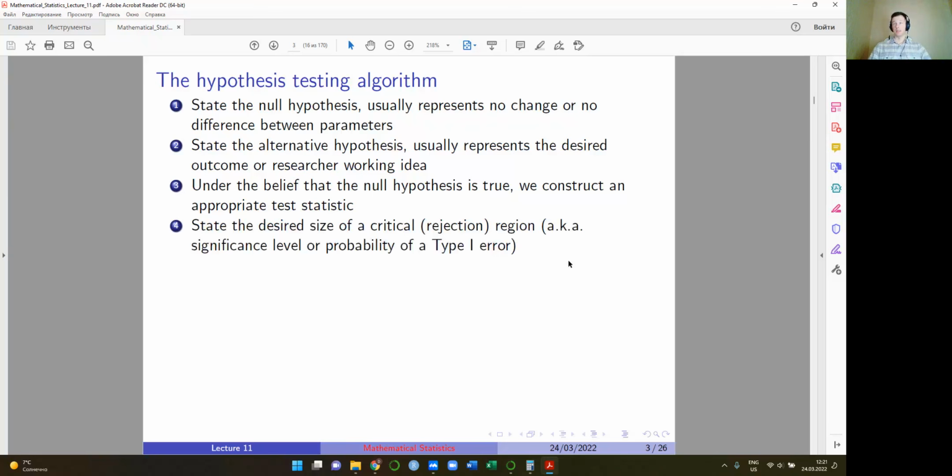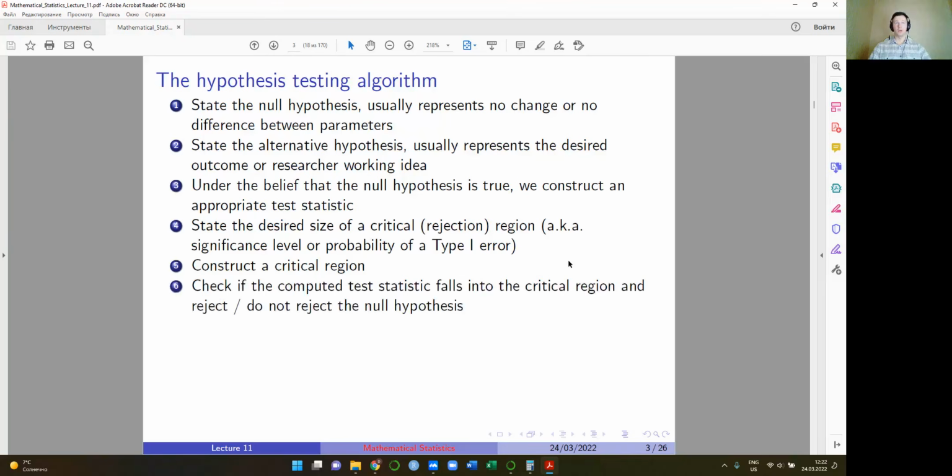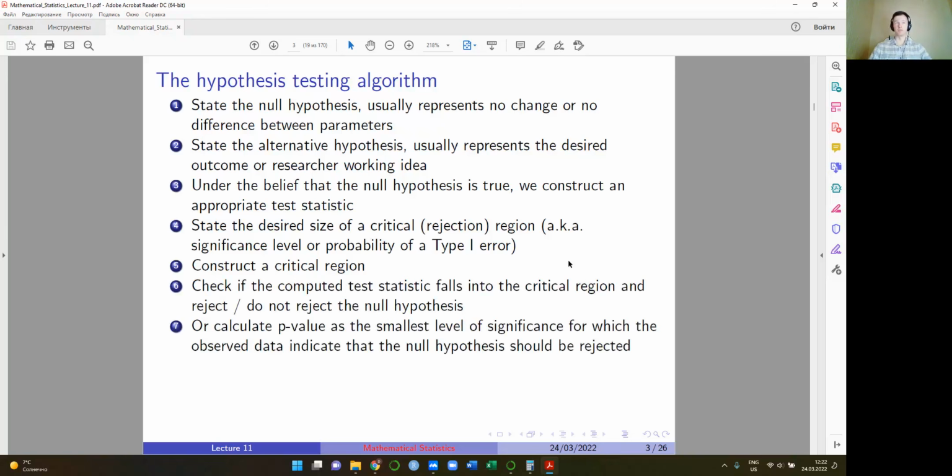Then we state the desired size of a critical rejection region, also known as significance level or probability of type 1 error. We denote this with alpha. And then we construct a critical region with the help of critical statistic. And we either check whether the computed test statistic falls into the critical region, and based on this we reject the null hypothesis, or if the test statistic doesn't fall into the critical region, we are not able to reject the null hypothesis.